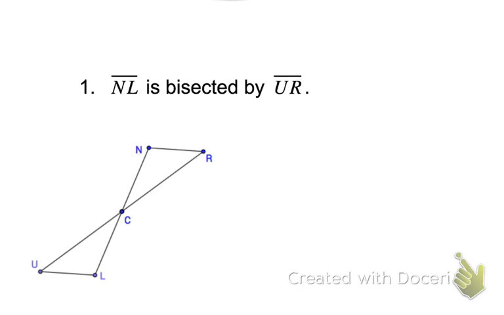So if I use tick marks to show that the segment is cut in half, I'm going to put a tick mark right here on LC and another tick mark on CN. Since UR cut that segment in half, that's showing that segment LC is congruent to segment NC.